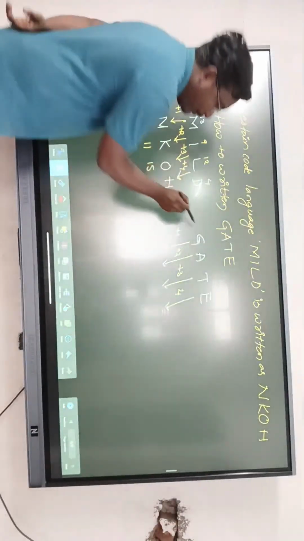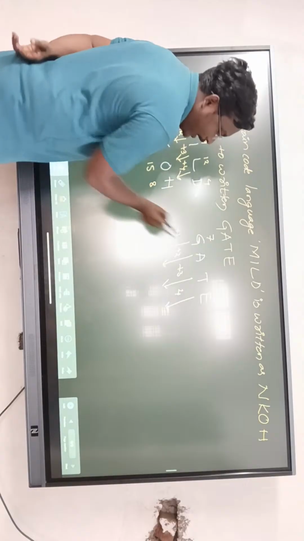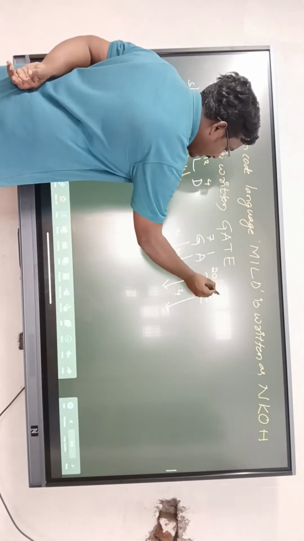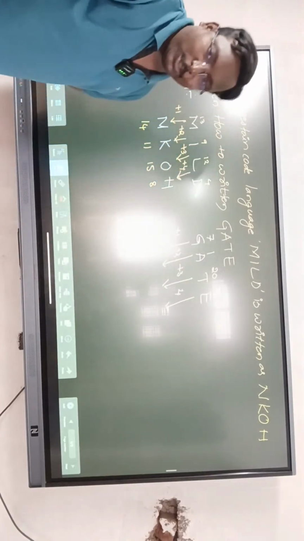Okay, first we give the numbers: G for 7, A for 1, T for 20, E for 5.